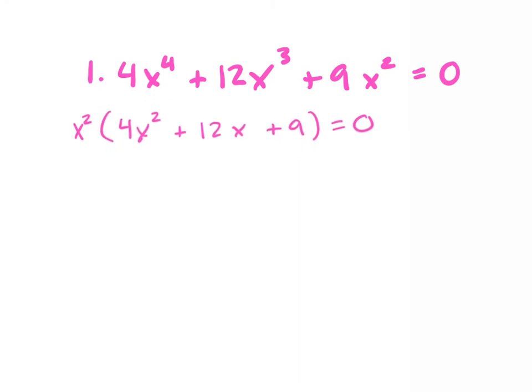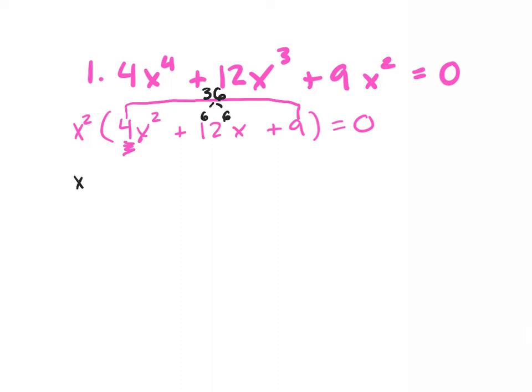So we multiply the first and the last together. Remember, anytime you start with a number that is not 1, when factoring, you have to multiply the first and the last. So we get 36. Now we need to see, do we have two factors of 36 that add to 12? 6 and 6.